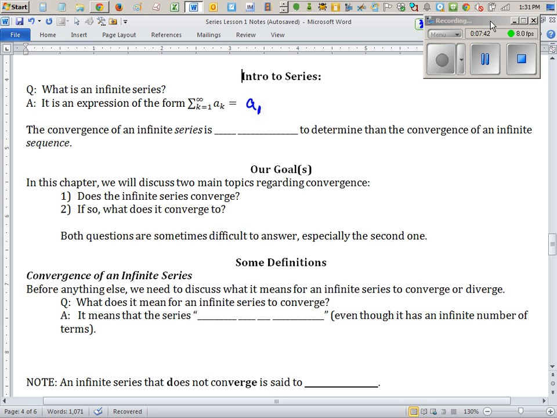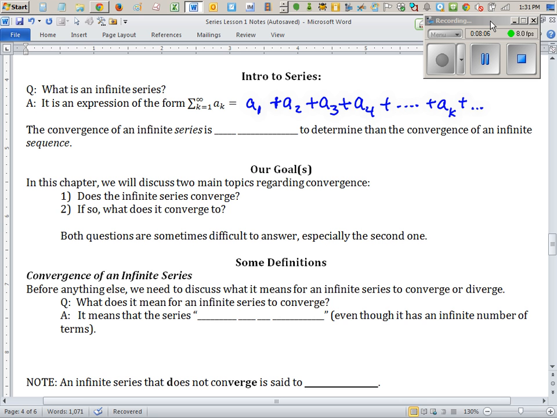Not A1, comma A2, but A1 plus A2, plus A3, plus A4, etc. And it goes on forever. Eventually you'll reach some term in here called A sub k, but there's terms after that too. In fact, it just goes on forever.